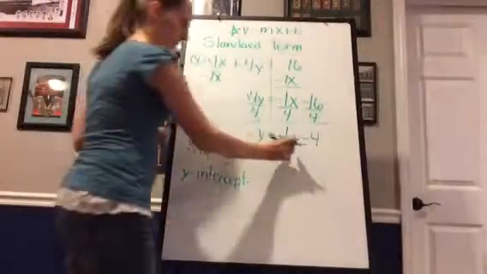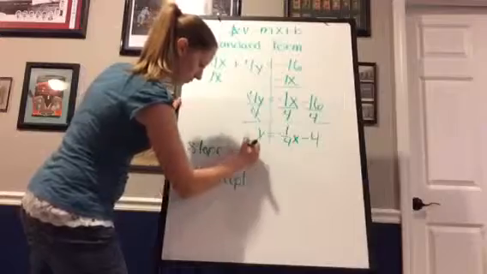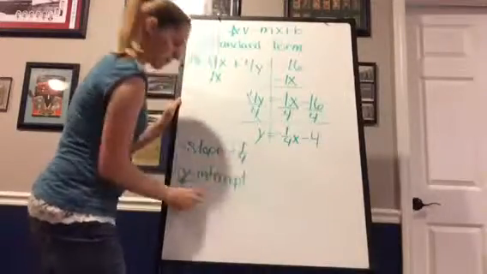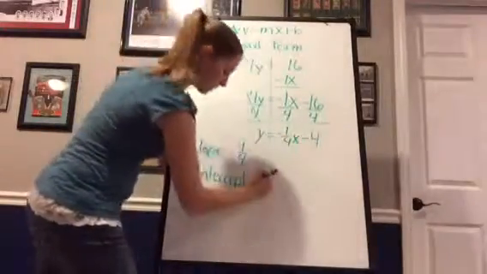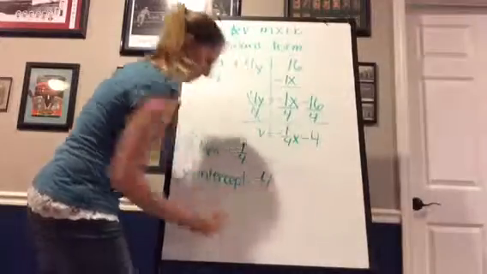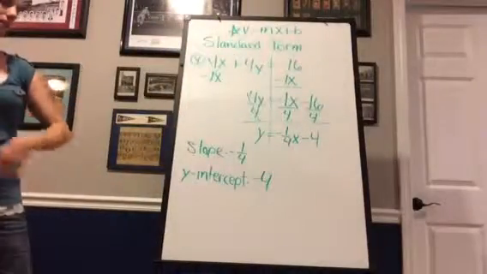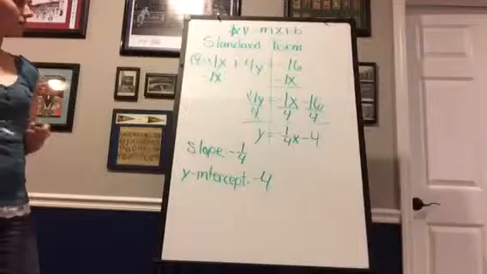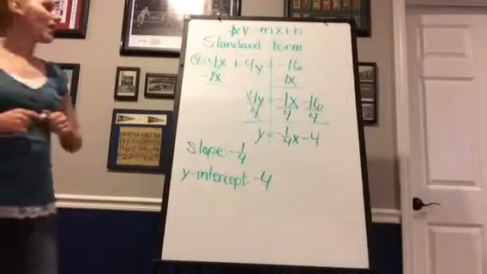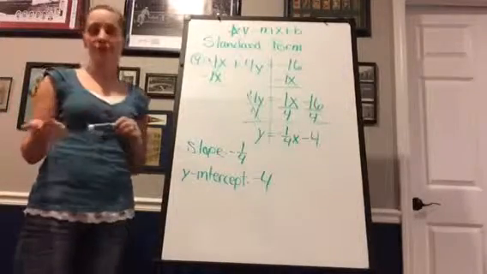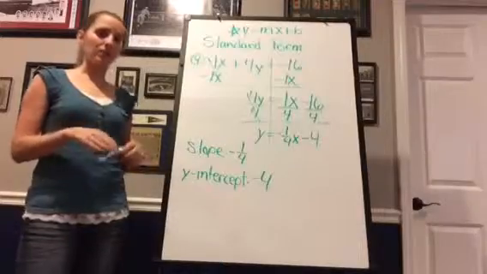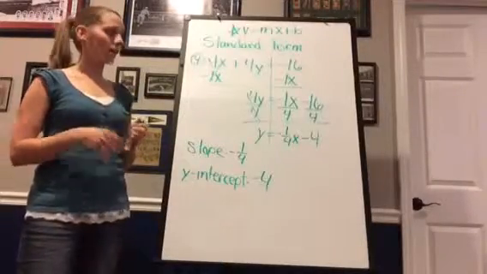My slope is just the number in front of x, so negative 1/4. And my y-intercept is negative 4. So our answer is negative 1/4 and negative 4 for number 4. All right, at this time, go ahead and try numbers 5 and 6, and then come back, take a look at your answers with what I've got, and then you can do the practice on your own.